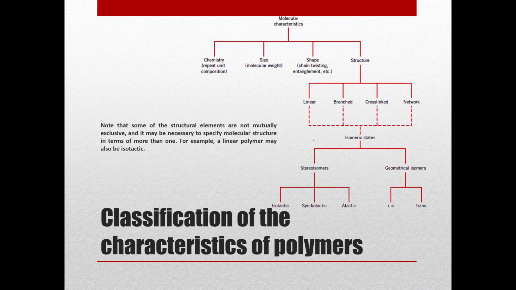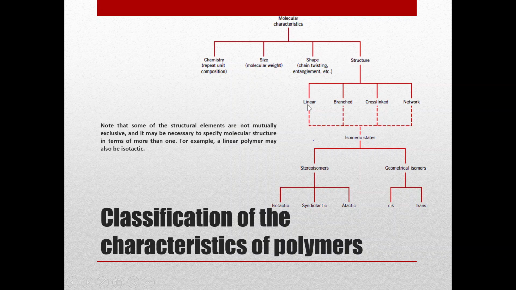We can classify this and put it in the form of a chart like this. Molecular characteristics would be classified as, first, the chemistry of the repeat unit composition, which we said we'll see later when we see the fibers. Then we have seen size, that is the molecular weight and the DP; the shape, meaning whether the chains are twisting or are entangled, which will also affect the polymer properties; and the third one, structure.